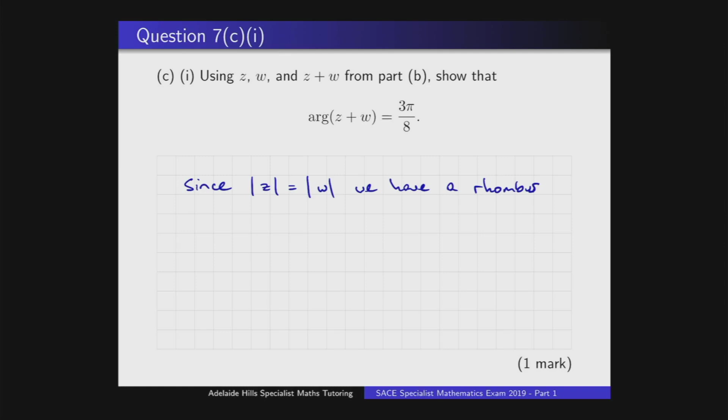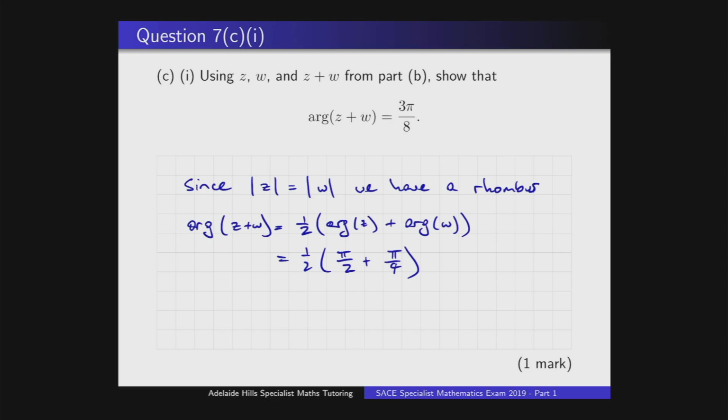So what that means is that the arg of z plus w is going to be equal to 1/2 the arg of z plus the arg of w. So that's 1/2 of pi over 2 plus pi over 4.